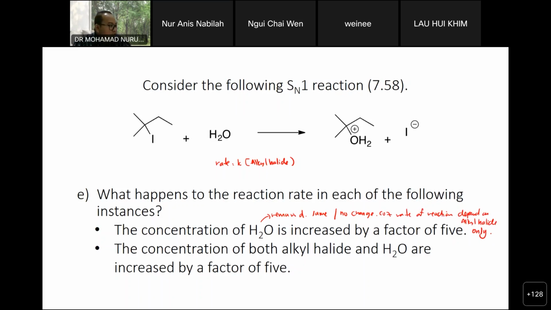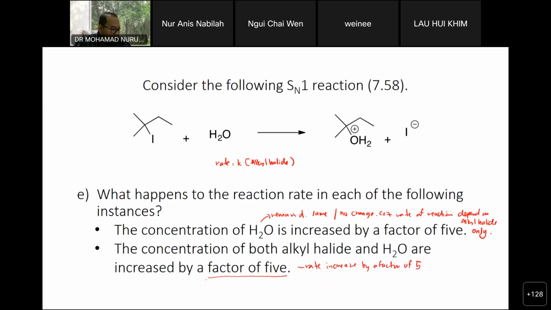Next, the last question: the concentration of both alkyl halide and water increases by a factor of 5. So the rate will increase by a factor of 5.